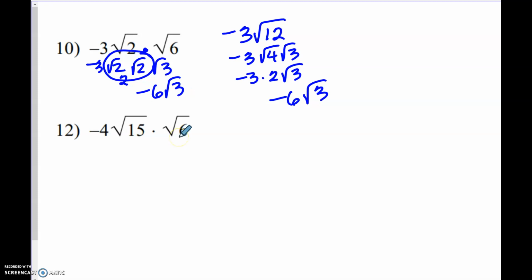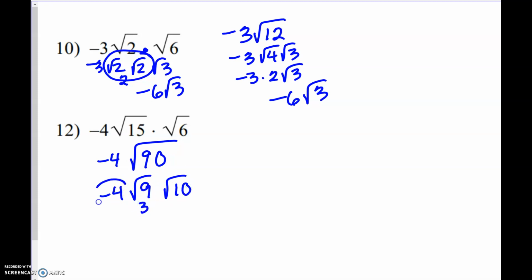Number 12, I probably would multiply these together. So we're going to take 15 times 6, and we get 90. So we have -4 root 90, and now I'm going to break it down that it's all together. So root 9, root 10, the square root of 9 is 3, so -4 times 3 is -12, root 10.